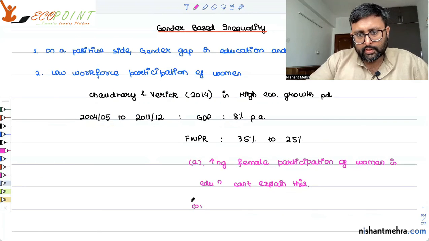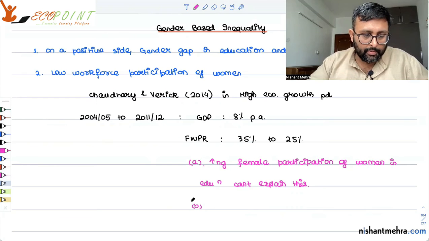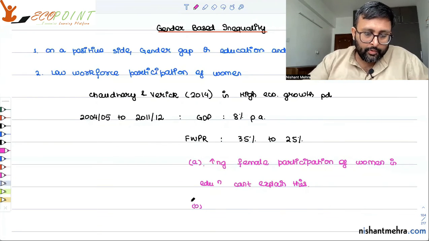Yes, of course, women are getting more and more educated, but that because of that there is such a huge fall in female participation in workforce also can't be explained, right?